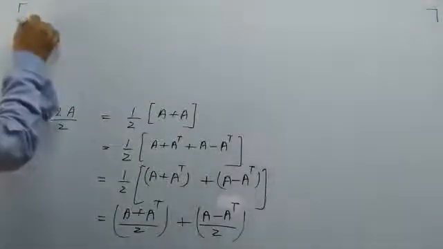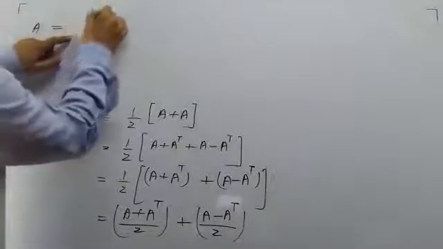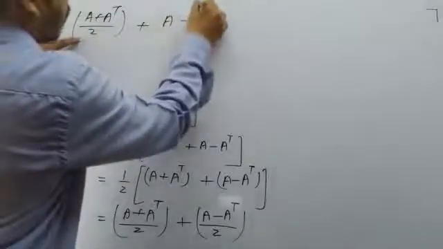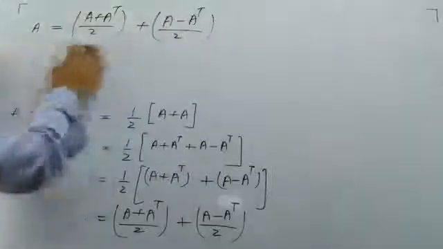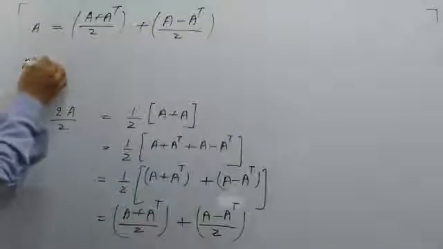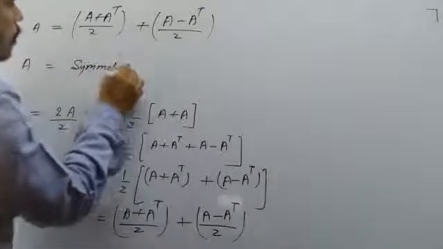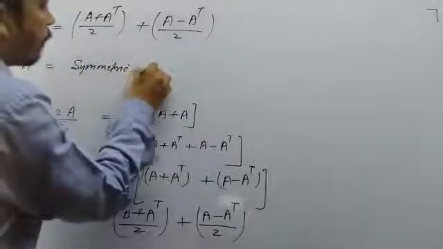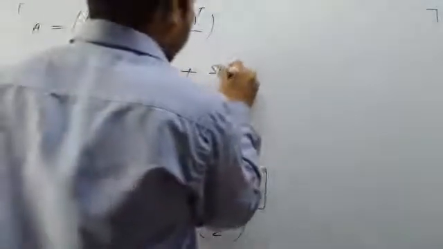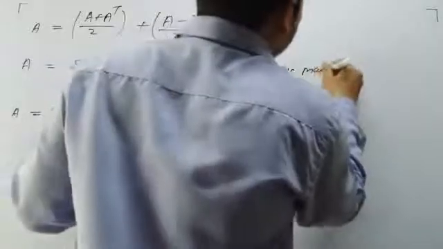So matrix A is equal to A plus AT by 2 plus A minus AT by 2, and this is the symmetric matrix and this is the skew symmetric matrix. Capital A is equal to symmetric matrix plus skew symmetric matrix.